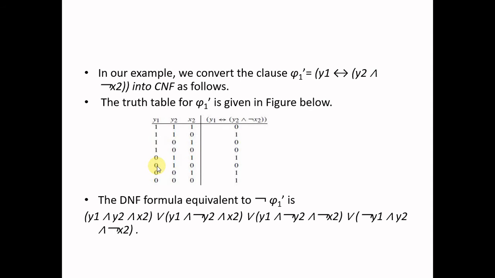So you get a DNF formula like this, negation phi 1 dash.